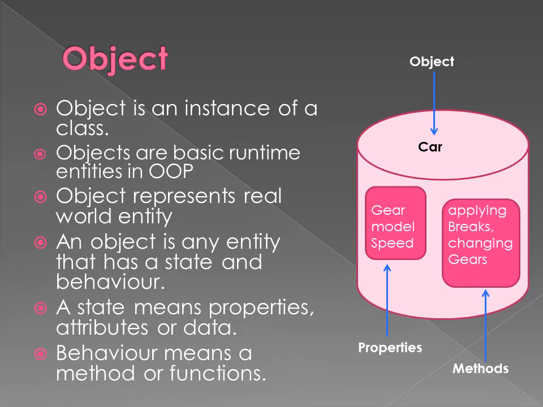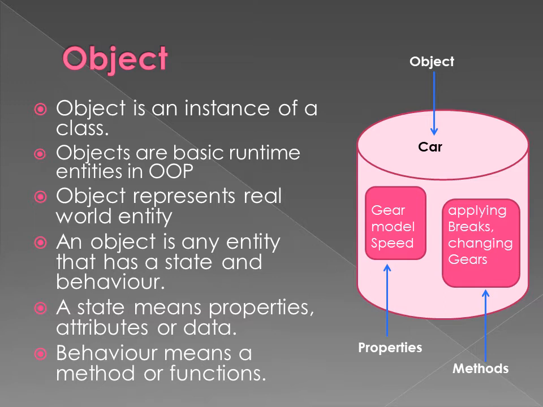Or it can also be a logical entity such as a bank account. An object has a state and behavior. Now, we know that an object represents real world entities, and real world entities have state and behavior. So, an object also has state and behavior.